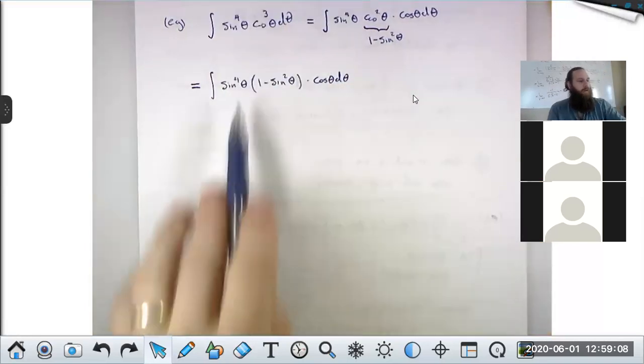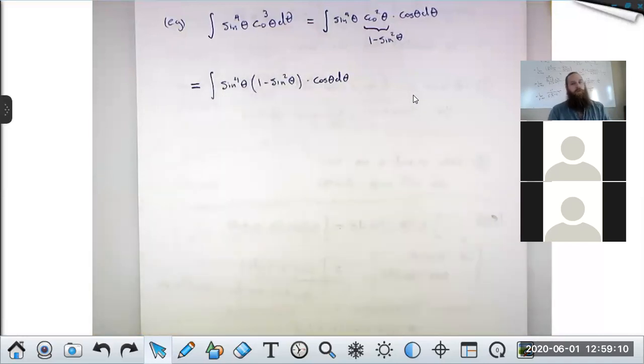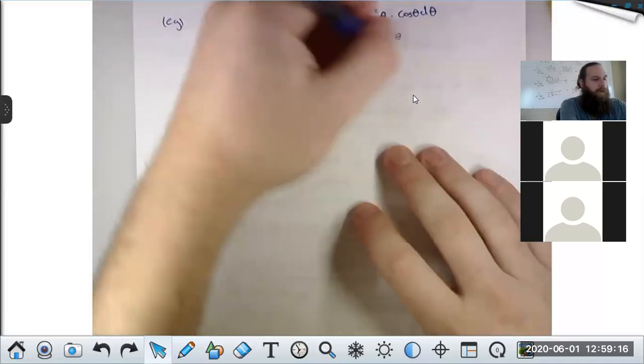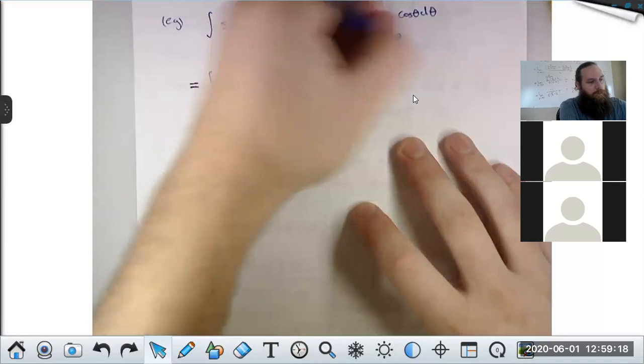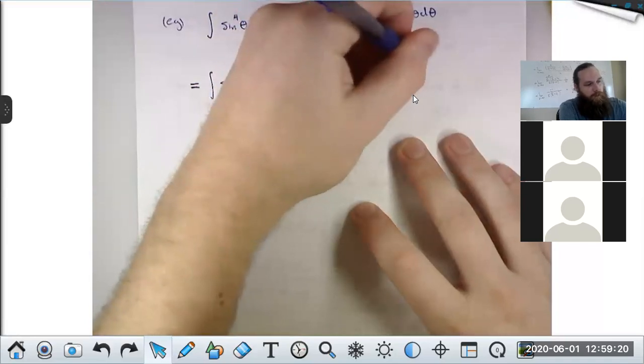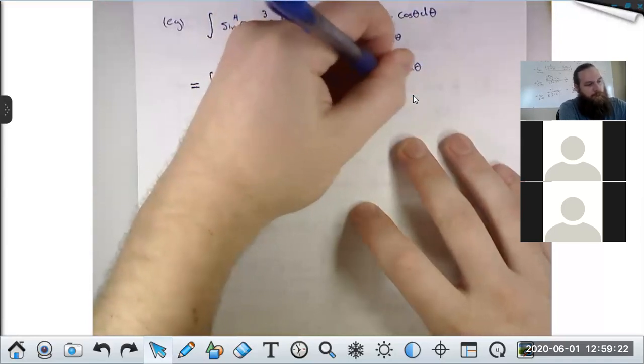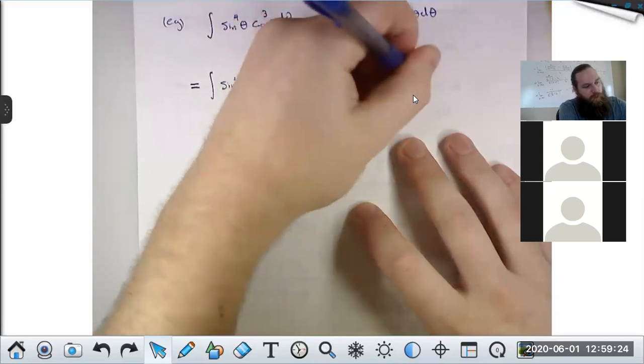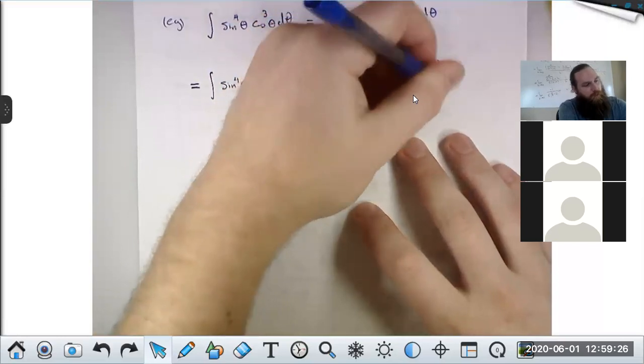And now this integral looks like it's begging for a substitution. That integral wants me to substitute for sine. So I let z be sine theta. dz is cos theta d theta.